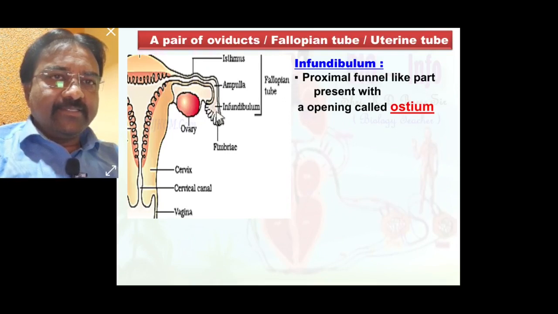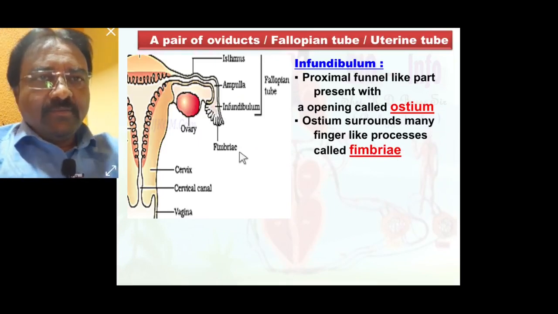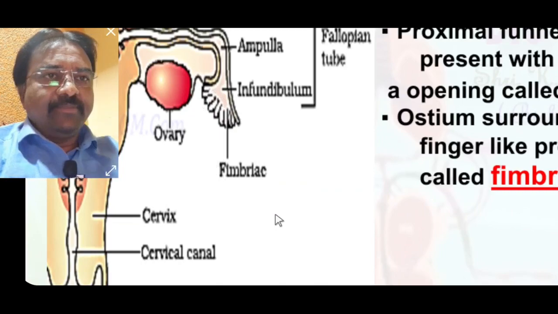Inside it a small opening is seen, called the ostium. The ostium is surrounded by many finger-like processes called fimbriae, part of the infundibulum.